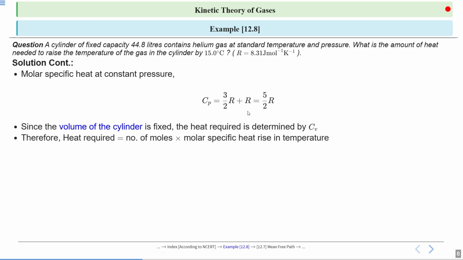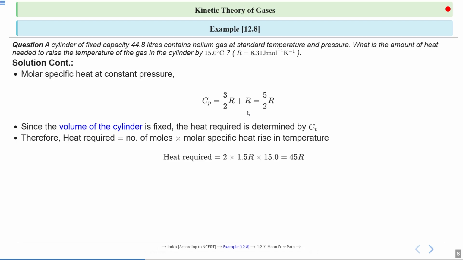Therefore, we can say heat required is equal to number of moles into molar specific heat into rise in temperature. So substitute the values. We have heat required is equal to 2 moles into 1.5 R into 15.